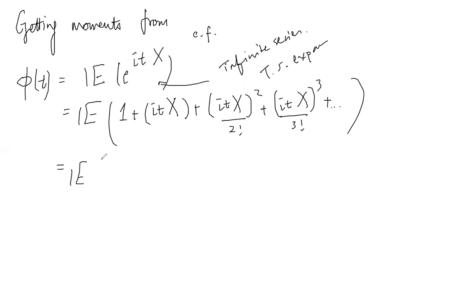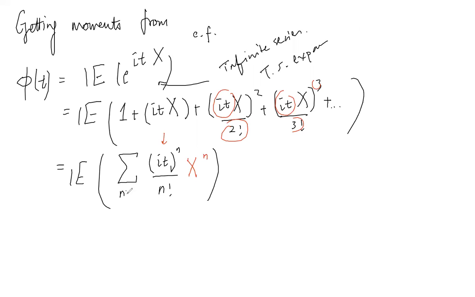If you write it in a more compact notation, it will be the summation of (it) to the power of n over n factorial, times X to the power of n, where n is from 0 to infinity.